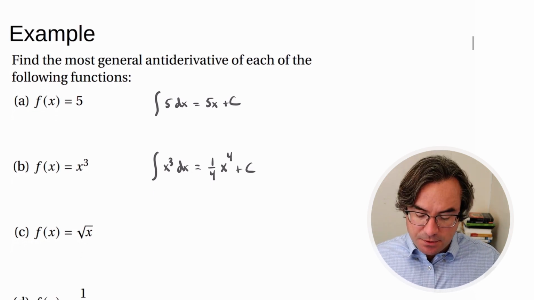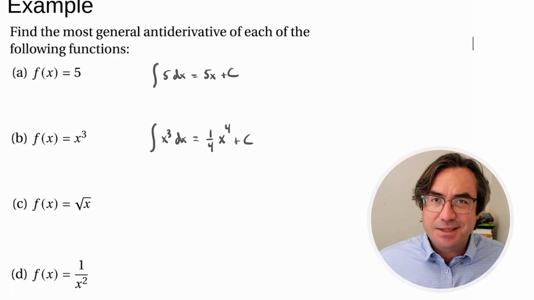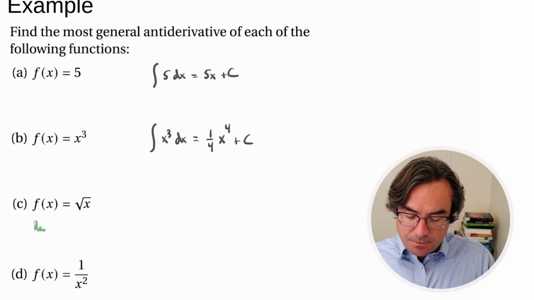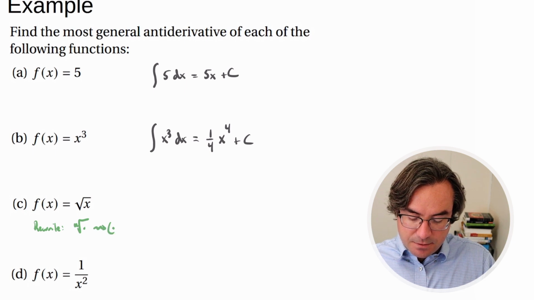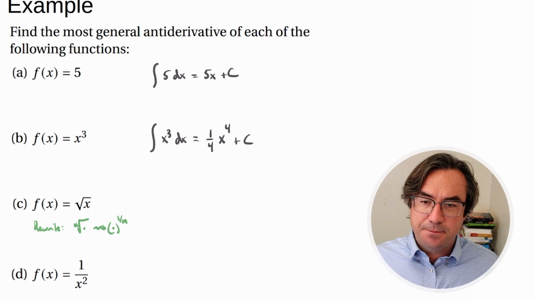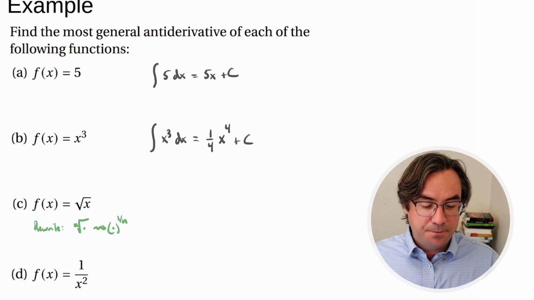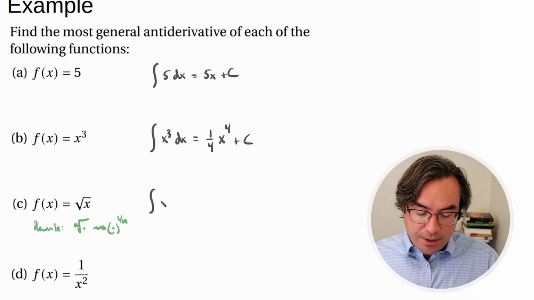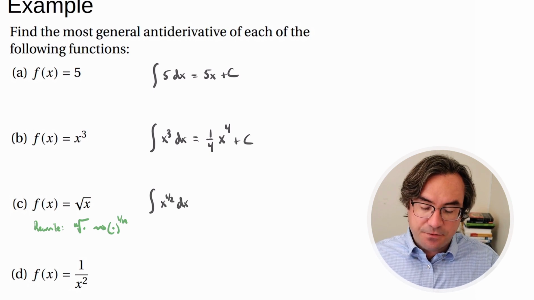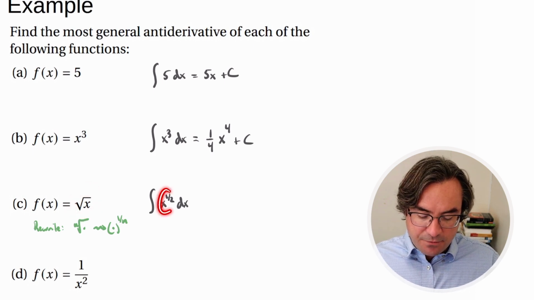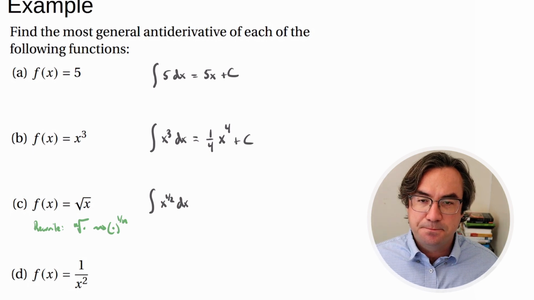Now let's try square root x. And as usual, when we have root functions, the same strategy as with derivatives, we want to rewrite the nth root of something as raised to the power 1/n. So for square root, it's going to be raised to the power 1/2. So really what we're trying to do here is integrate the function x raised to the 1/2. So square roots are fine, but for power rule, we want it as a power function.